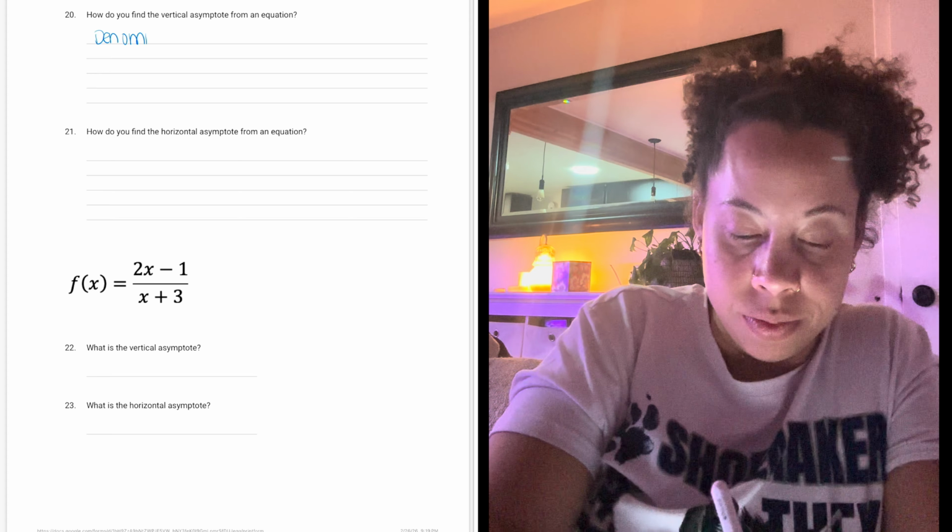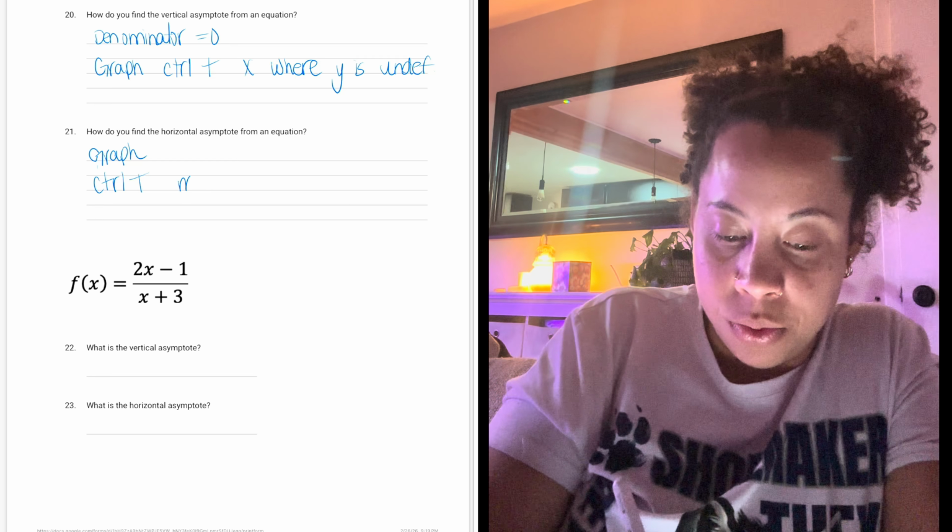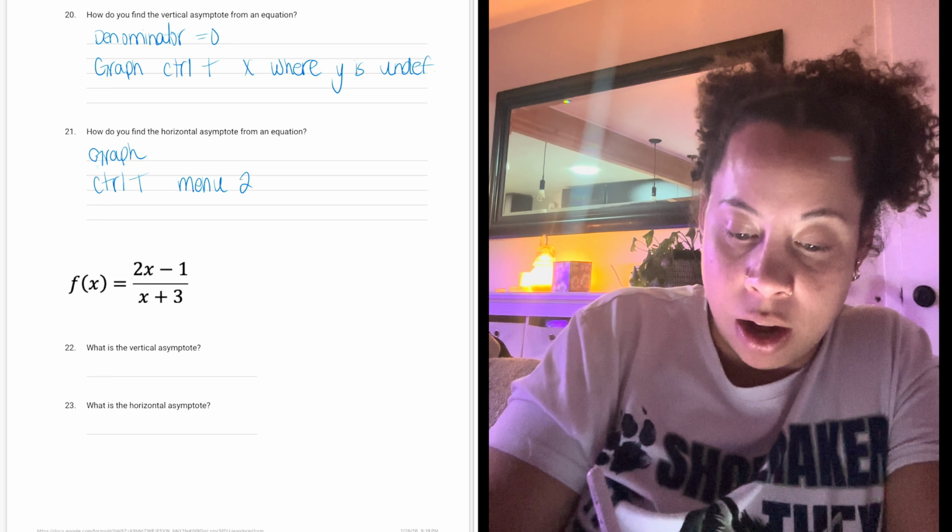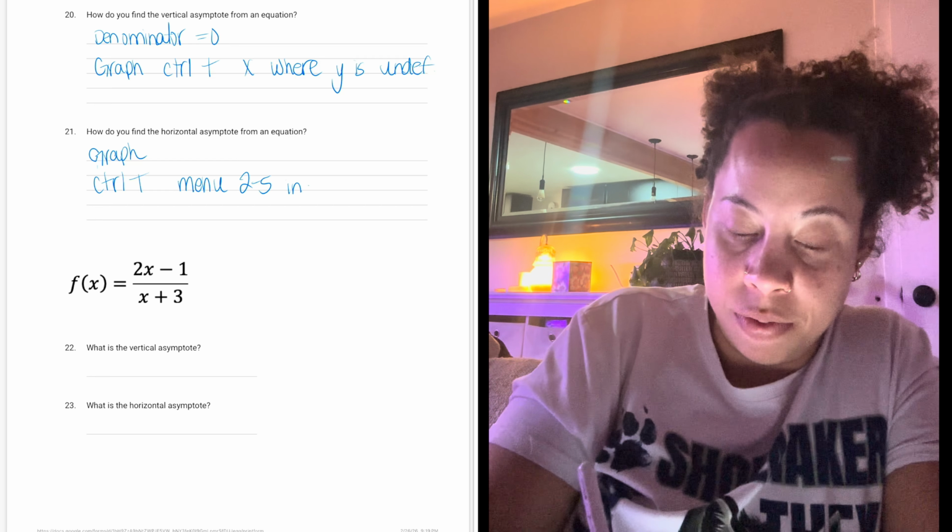Okay, and then for your horizontal asymptote, that's where you want to graph it, make a table by Control T. Then you want to set menu 2-5, set your independent variable to ask, and then you want to make your table 500, negative 500, and see what your y is approaching.